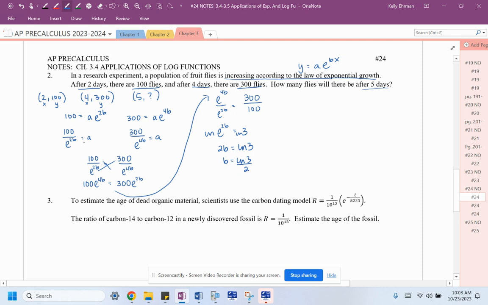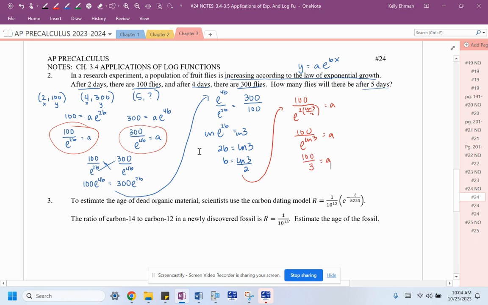Now that I know b, I can go back and find a. So you have two equations to figure out a. Pick your favorite. I'm going to pick the one with smaller numbers. 100 divided by e to the 2 times natural log of 3 over 2 equals a. These 2's cancel out. 100 over e to the natural log of 3. e to the natural log of 3 is 3.